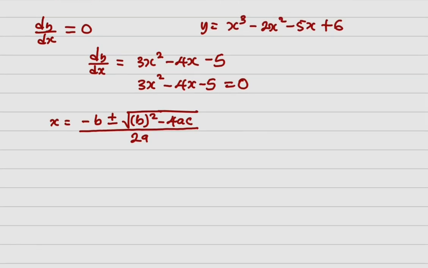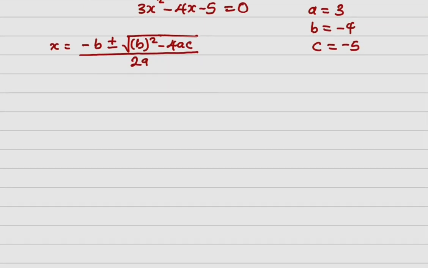Now recall that the general format of a quadratic equation is ax squared plus bx plus c is equal to 0. So by comparing coefficients, a is equal to 3, b is equal to minus 4, and c is equal to minus 5. Substituting, we're going to have x is equal to minus into minus 4 plus or minus the root of minus 4 all squared.